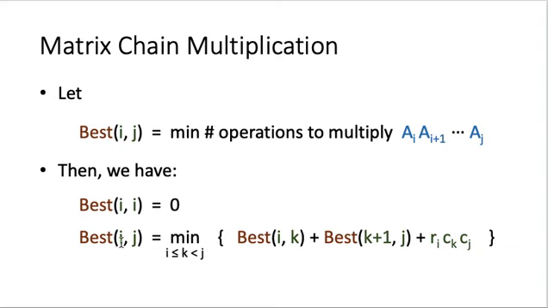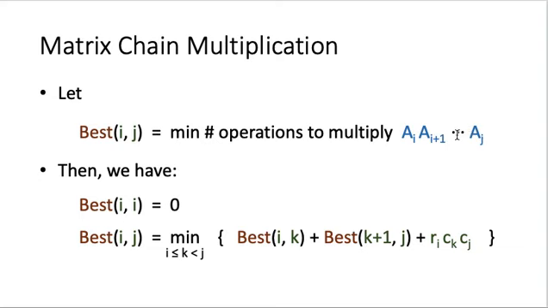But for general best ij, there must be a certain last multiplication. At some point, we are going to multiply Ai up to Ak for certain k, and then Ak plus 1 up to Aj.